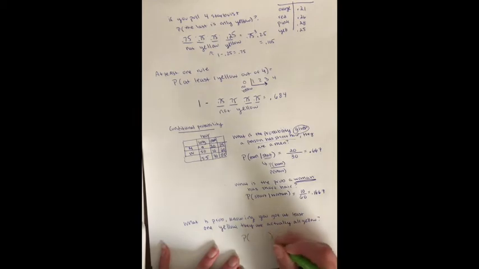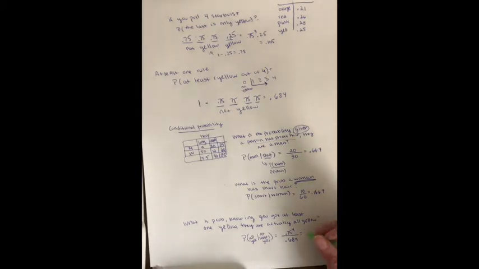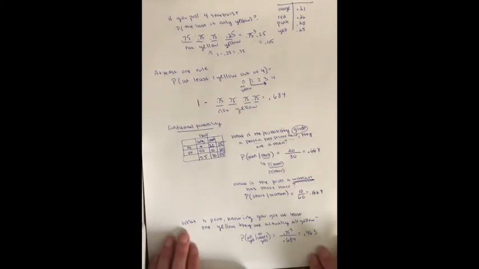So that's given at least one, what's the probability of all yellow? Well, our denominator is that at least one yellow, what we calculated before, and our numerator would be all of them yellow, which is 0.75 times 0.75, 4 times. Okay, so that's 0.463.